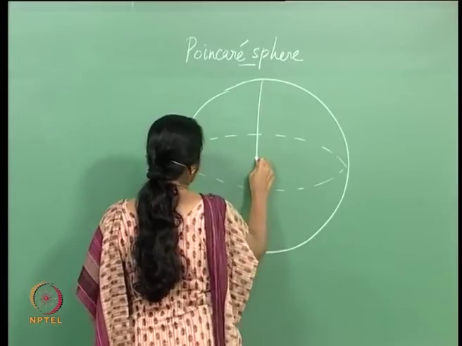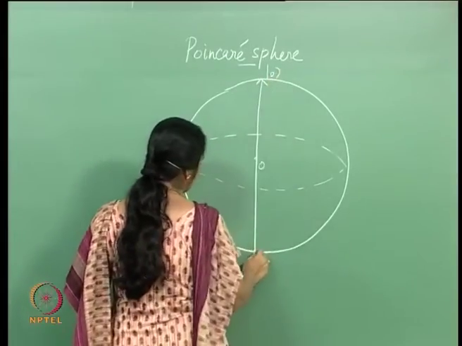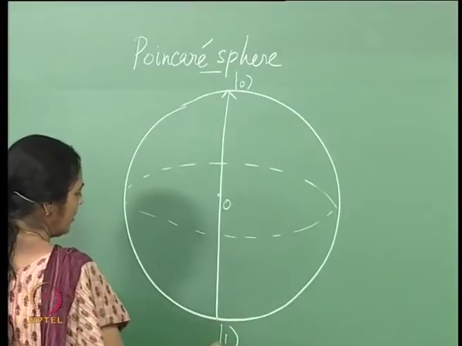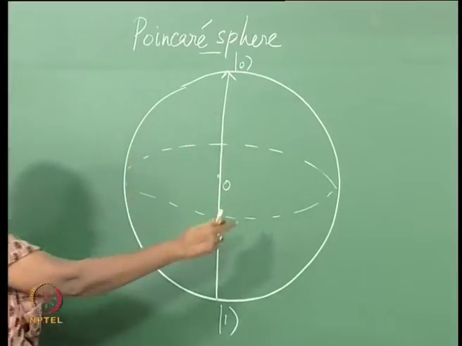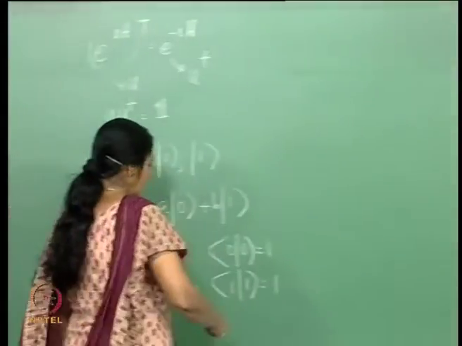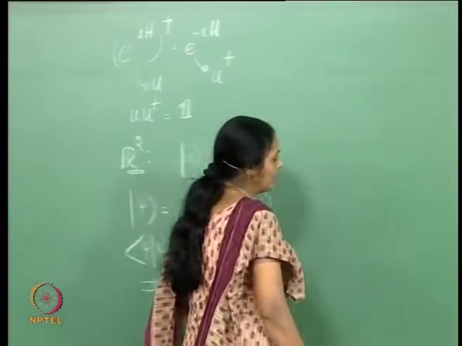So, that is the origin of coordinates. This is ket 0 and this is ket 1. Sphere of unit radius, and therefore, I know that the kets are normalized to 1.